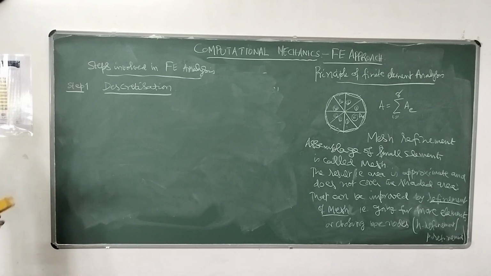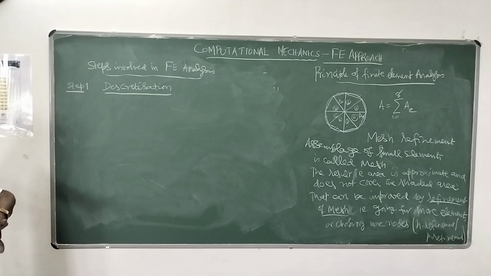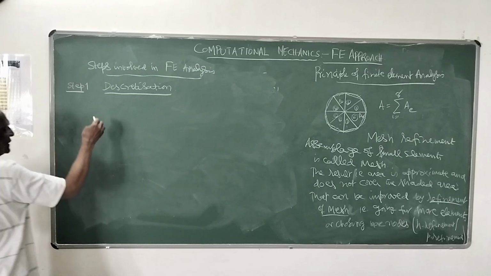So given a structure or a body or a domain, you divide that domain into smaller, finer elements, and these elements are interconnected at a finite number of points called nodes or joints, and unknowns are treated at these joints. So that is called discretization. So as I did in that finite element principle, so discretization.